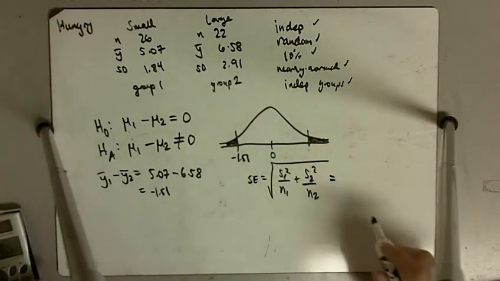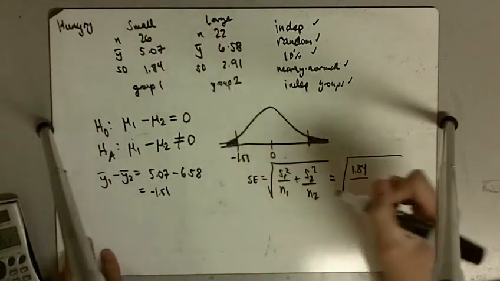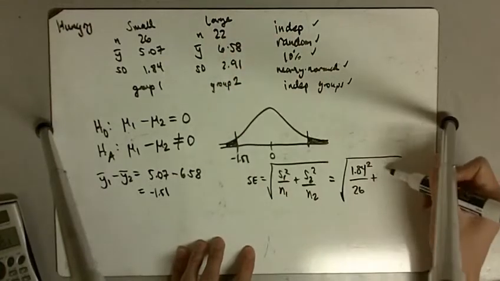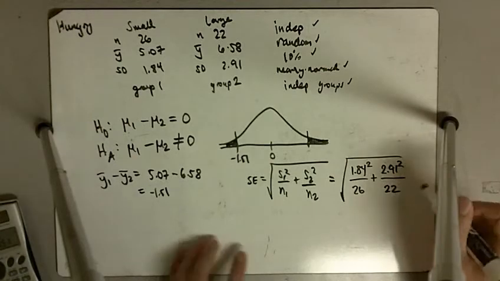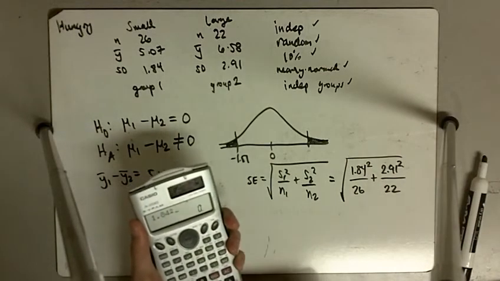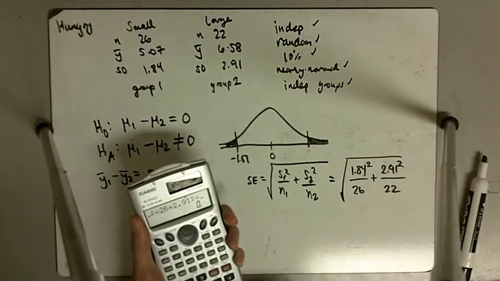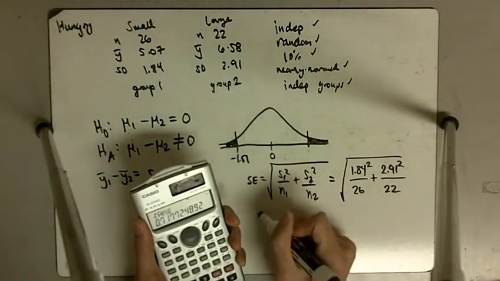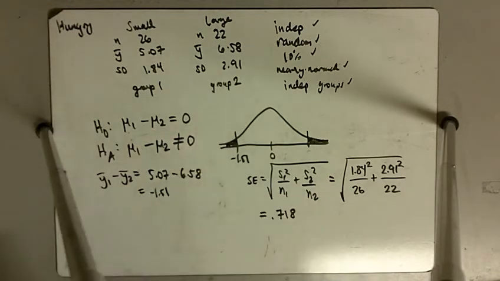So in this case, we have the square root of 1.84 squared over the size of group 1, 26, plus 2.91 squared over the size of group 2, 22. So that standard error comes out to be 0.718, and just round off to 0.718.